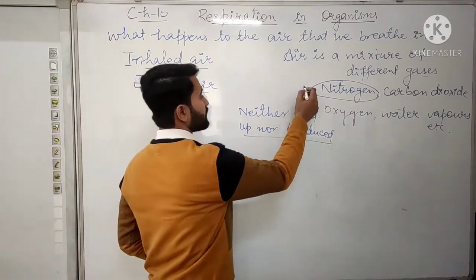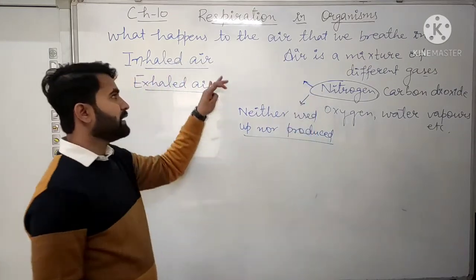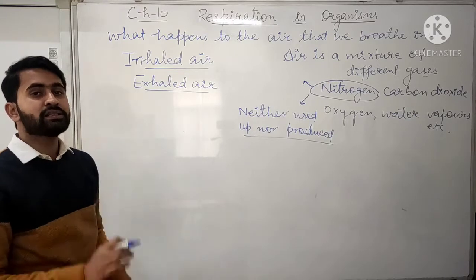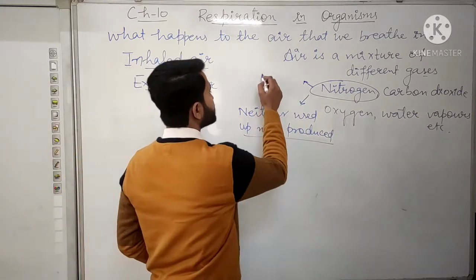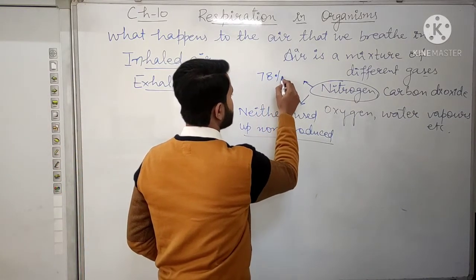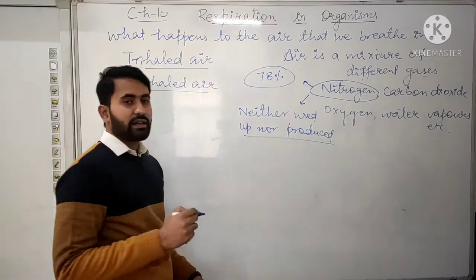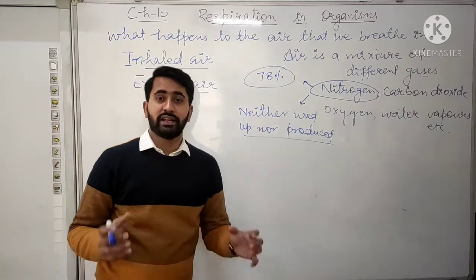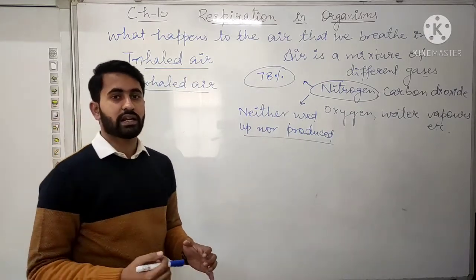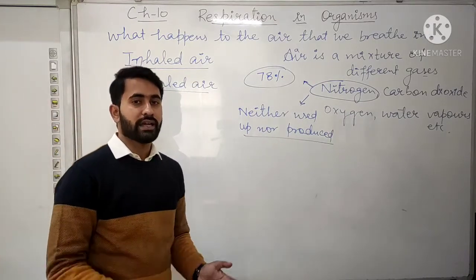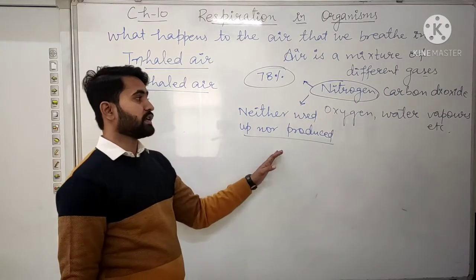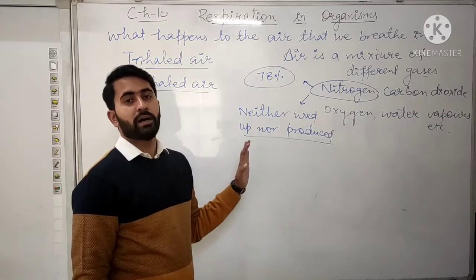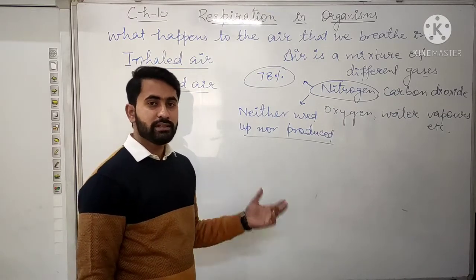The amount of nitrogen in the inhaled air as well as the exhaled air remains the same. It is 78%. Nitrogen is 78% in the air that we inhale or exhale. It is neither getting used nor produced, which means its proportion will be the same.